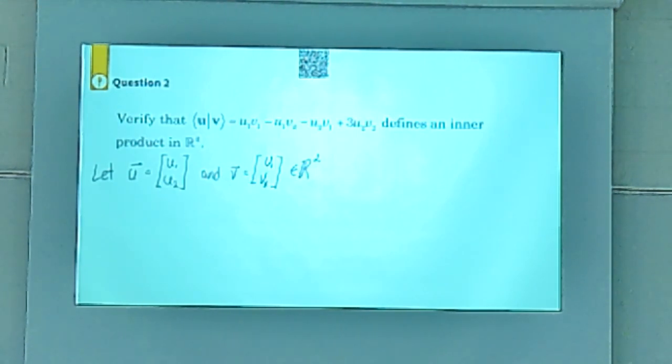So given here are 2 arbitrary vectors in R2. Oh, we actually need a W too.